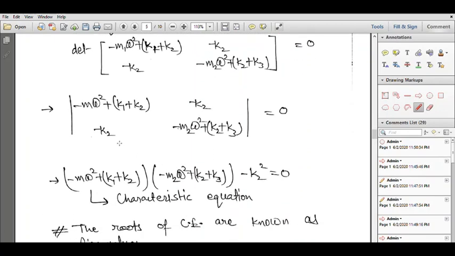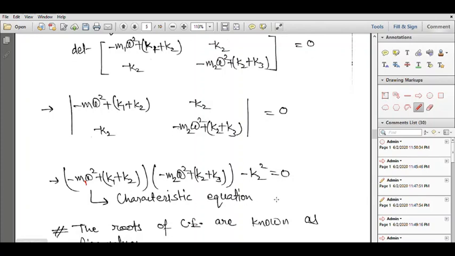So solving this determinant, we'll get minus m1 omega square plus k1 plus k2, multiplied by minus m2 omega square plus k2 plus k3, minus k2 square, equals 0.